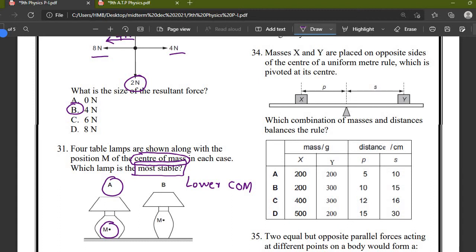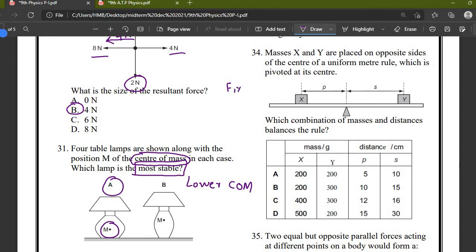By applying the principle of moments, we know that force multiplied by moment arm on the left side will be equal to force multiplied by moment arm on the right side. So let's say this is force 1 and this is force 2, with moment arm 1 and moment arm 2. So x multiplied by p will be equal to y multiplied by s.